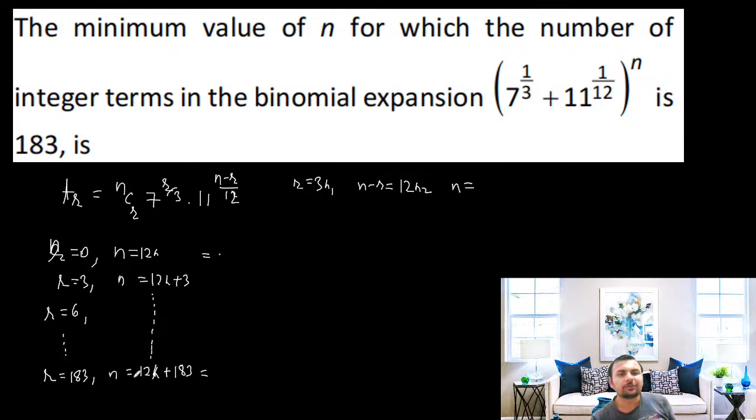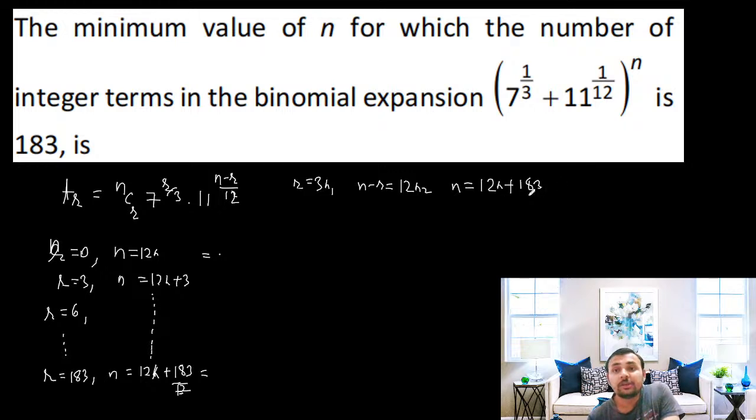Okay, so n should be like, if we divide it by 12, we are going to get 12 1 ja 12, 12 5 ja 60. Okay, wait. So n is 12 lambda plus 183.